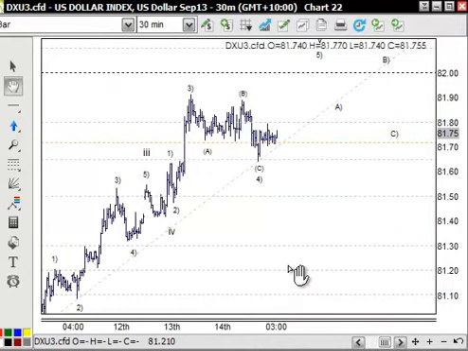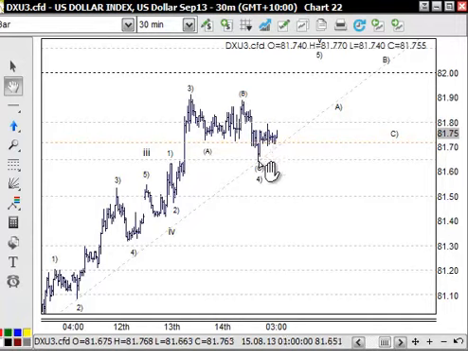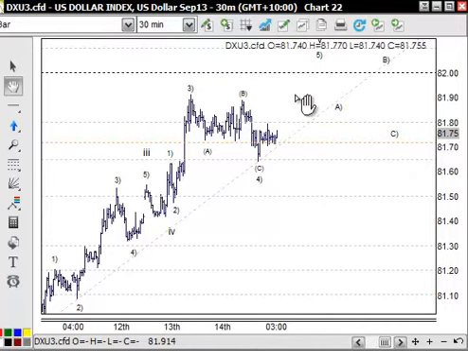US dollar, wave 4, nice A, B and C wave here, and nice C wave in 5 waves through here. So this should push up from here now, and off the 81.72 area through here. A push up through here will obviously place pressure on the euro and other pairs as well.